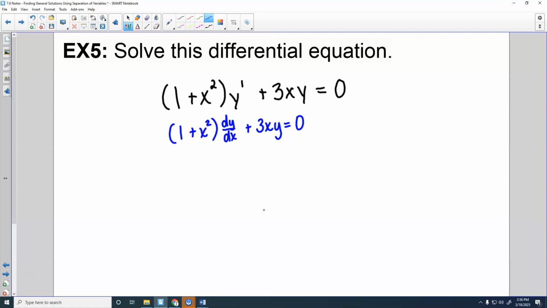Subtract 3xy. Because right now, if I multiply by dx, it's got to get distributed to this. So I'm going to do 1 plus x squared dy dx equals negative 3xy.